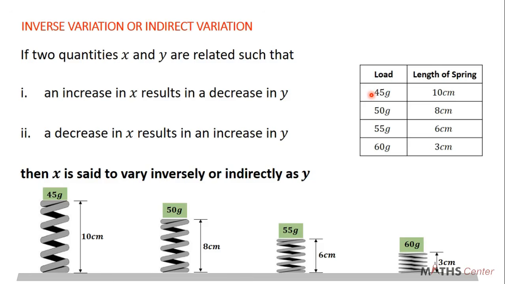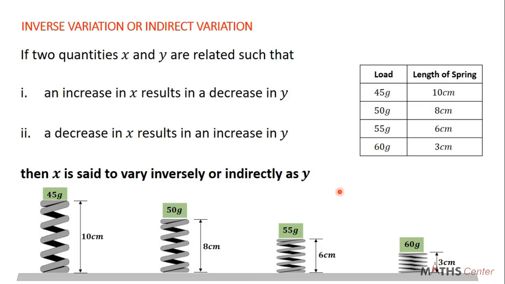So as the load increases from 45 grams to 50 grams, the length of the spring decreases from 10 centimeters to 8 centimeters. In the same way, as the load increases from 50 grams to 55 grams, the length of the spring decreases from 8 centimeters to 6 centimeters. So as the load increases, the length of the spring decreases.